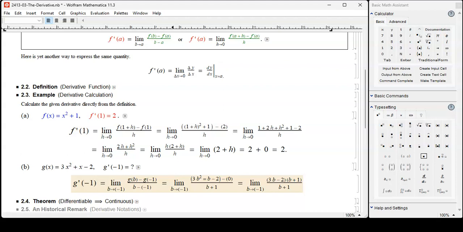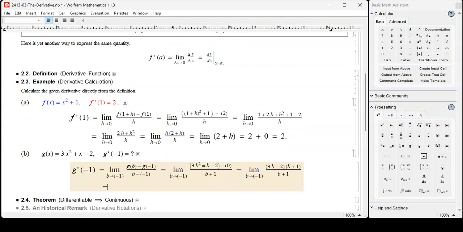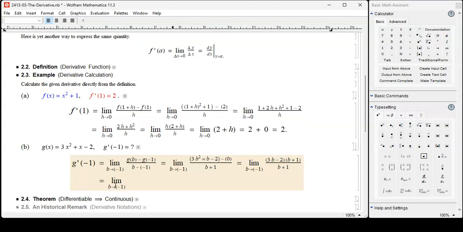I think I did it right. So if I cross out the common factor, b plus 1, then I'm going to get 3b minus 2, no denominator anymore, so this is a trivial limit. Plug in b equals -1, so -3 minus 2, I'm getting -5.